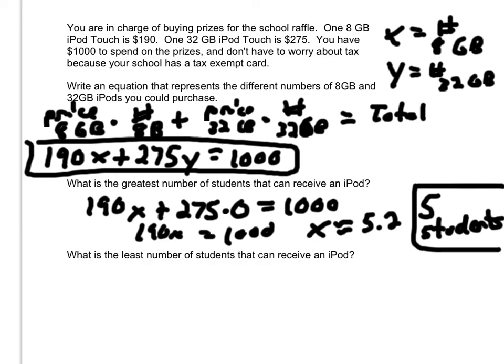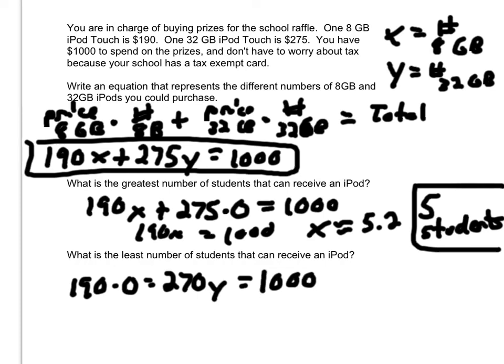Well, the least number of students that can receive an iPod would be if we bought all the expensive ones. So then we would just do the reverse. We're going to plug in 0 for the cheap ones: 190 times 0 plus 275 times y equals 1,000. Whoops, that should be plus there, sorry. 190 times 0 is 0, so we get 275y equals 1,000.